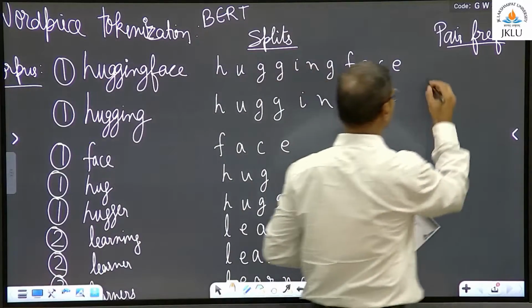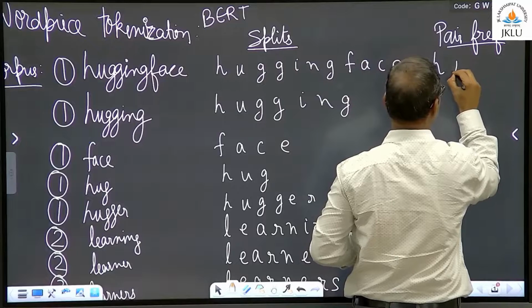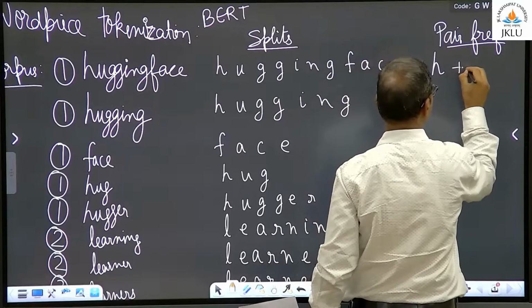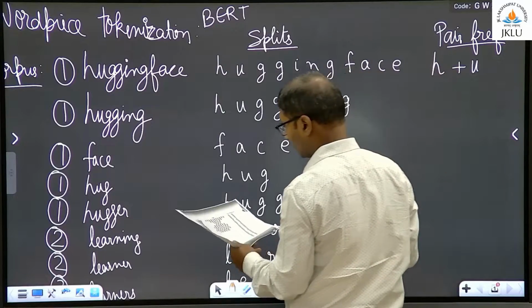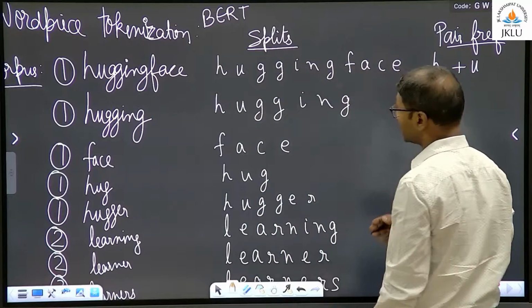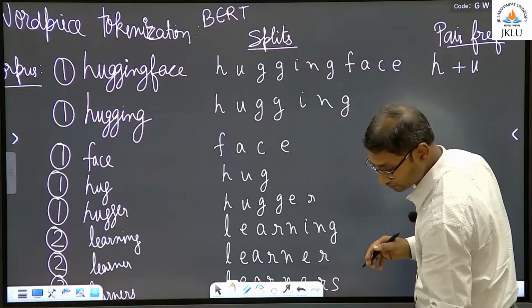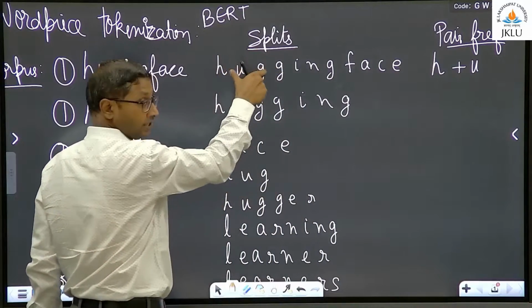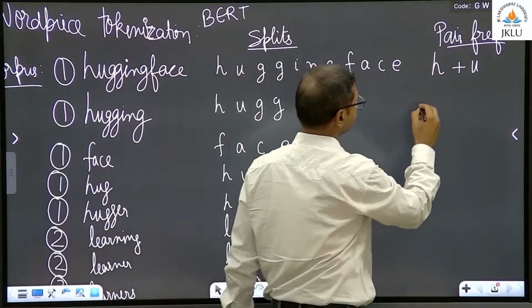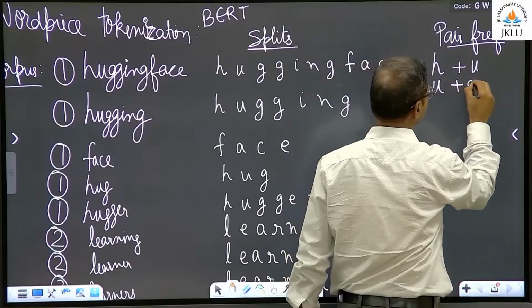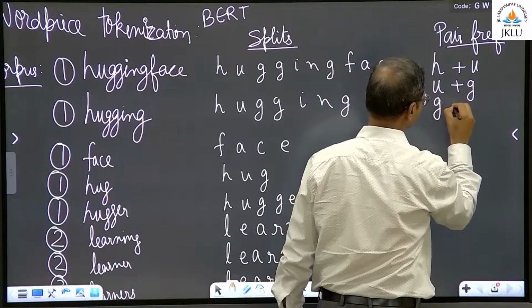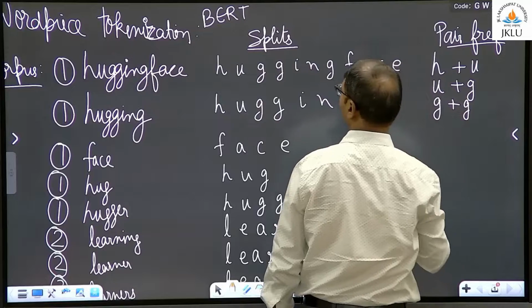So I have H plus U. What else? This is again going to take a lot of time. U plus G, so HU is here, I shift, U plus G, then G plus G, and keep on giving me.